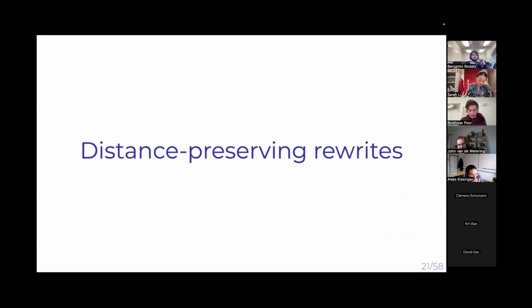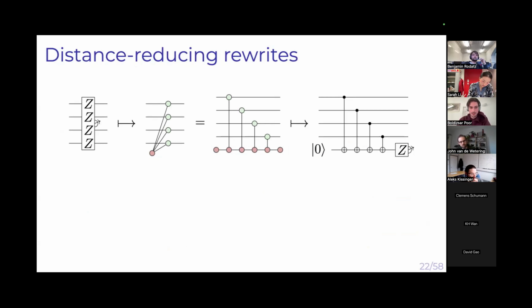So a very interesting definition we have is distance preserving rewrites. To just give you some motivation for it, let's say we have this 4-weight Pauli measurement, which is implemented as this ZX diagram. We want to extract a circuit out of it, so we simply fuse this spider and then interpret it as a quantum circuit.